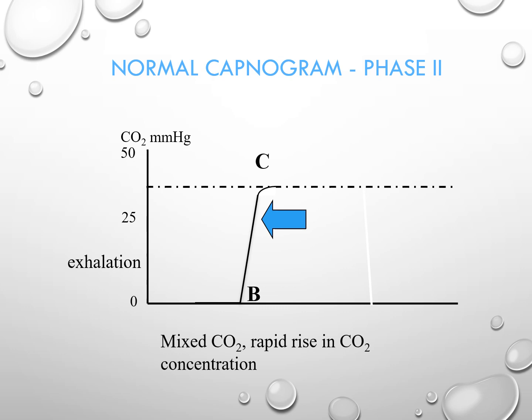What's occurring physiologically is that the CO2 is mixing, if you will. Initially you don't have any alveolar gas, and then as you rise, you have more of the CO2 being exhaled and measured. This rapid rise in CO2 concentration is known as phase 2 of the capnogram.